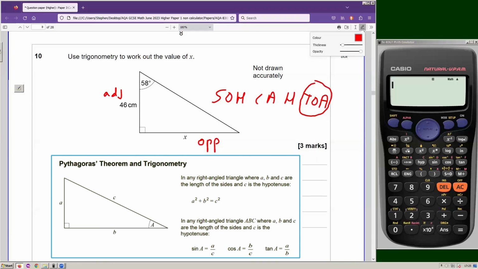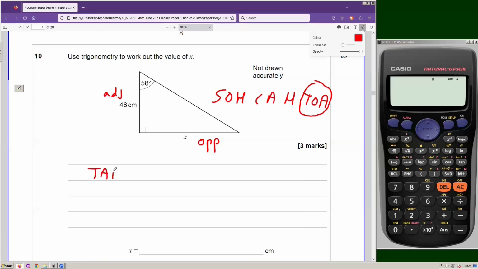The way we write that out is tan 58 degrees equals the opposite over the adjacent, which equals x over 46. So it's going to be 46 tan 58 degrees.